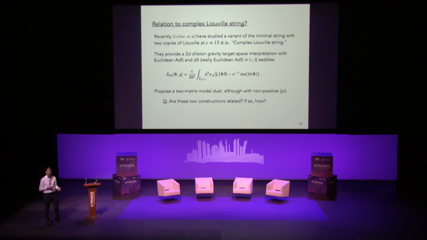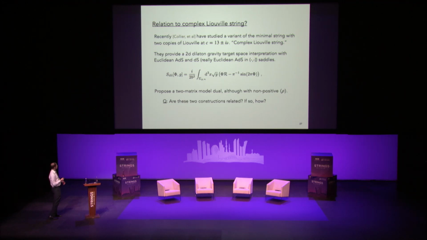One reason why this is also on my mind is that maybe there's some relation to recent work of Scott Collier, Lorenz Eberhardt, Beatrix Mühlmann, and Victor Rodriguez. They wrote a paper recently about something they dubbed the complex Liouville string. This is a variant of minimal string where there's two copies of Liouville theory at central charge 13 plus and minus i large, coupled to worldsheet gravity.